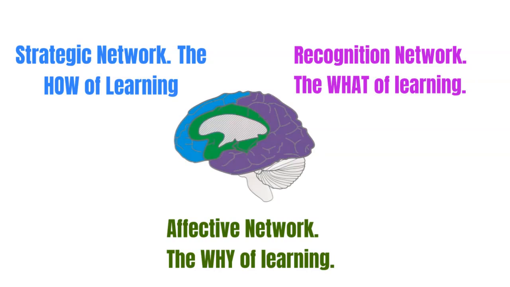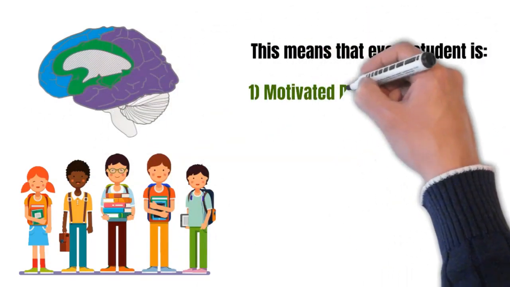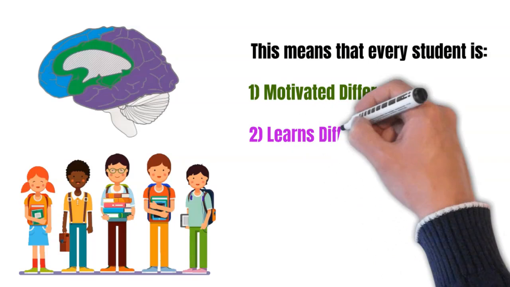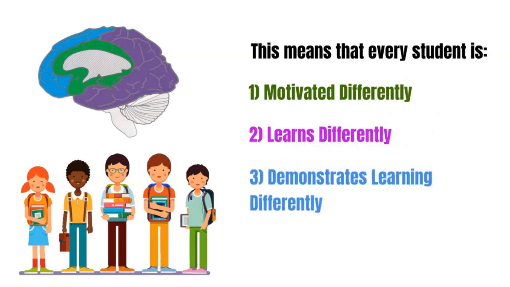Universal Design for Learning taps into all three networks to create flexible and inclusive learning experiences for every brain in the room. The fact that no two brains are the same, but each is unique, means that every student is motivated differently, learns differently, and demonstrates learning differently.